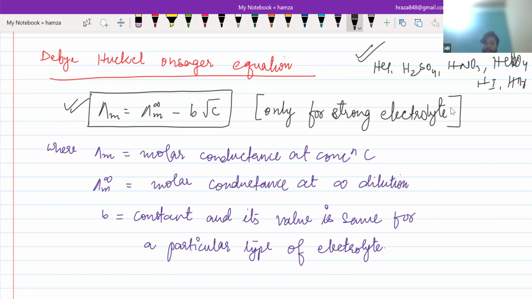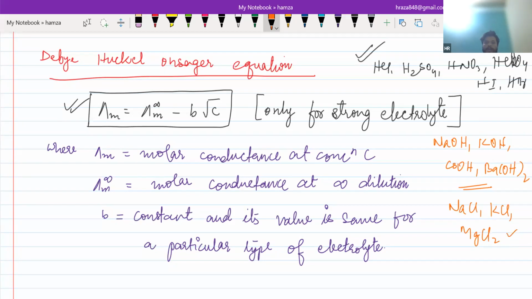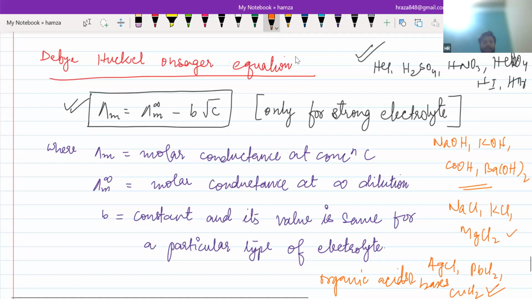And if they are strong acids, that means they are strong electrolytes. For bases, NaOH, KOH, CsOH, Ba(OH)2 are all strong bases, that means strong electrolytes, like NaCl, KCl, and MgCl2, which are strong electrolyte salts. The salts of d-block elements AgCl, PbCl2, and CuCl2 are basically weak electrolytes. And when we talk about organic acids or bases, wait a minute.